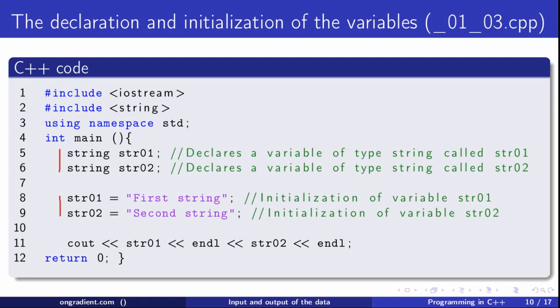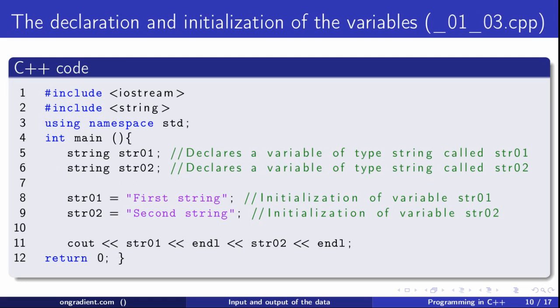Now turn your attention to lines 8 and 9 of the program. Here we initialize variables. Initialization should be understood as assigning a value to the variable. It is possible to say that during initialization we put something into the box, if a variable is a box. After initialization, a variable is not empty or undetermined.